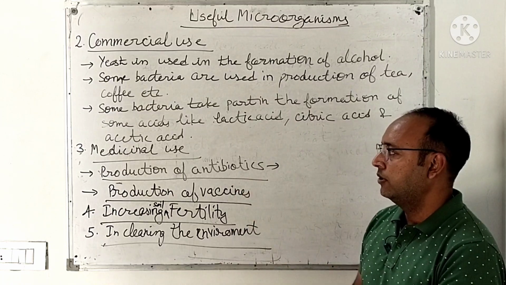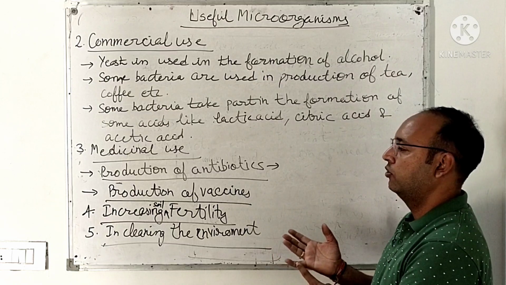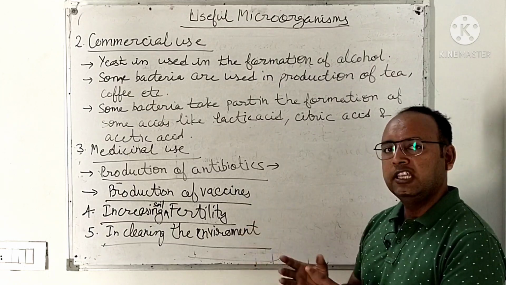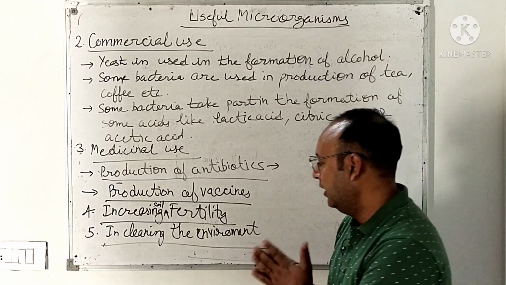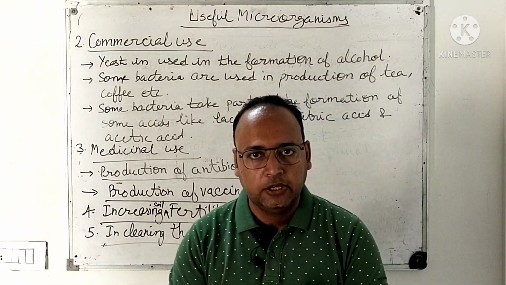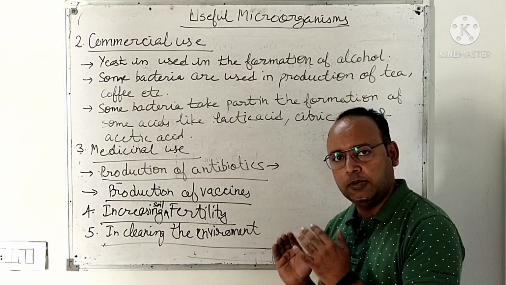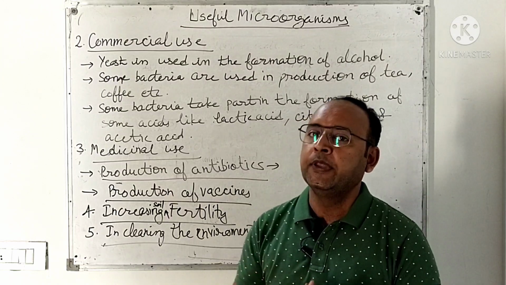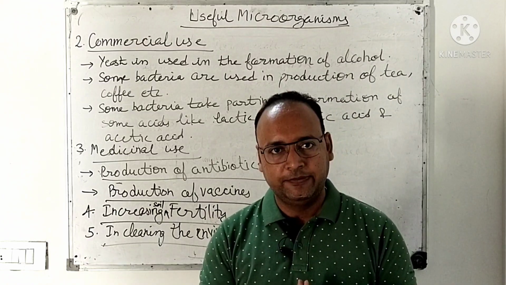Then medicinal use, the production of antibiotics and production of vaccines. Then increasing soil fertility, and the last but not the least is cleaning the environment. So due to these 5 major uses of microorganisms, we can say that these microorganisms are our friends, right?